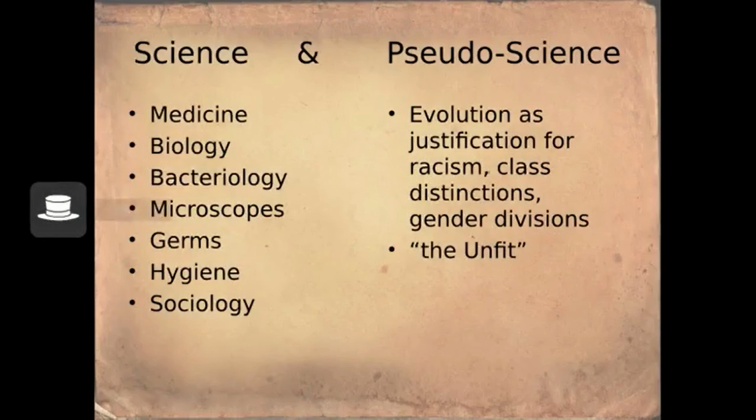But then you have pseudoscience used to justify racism, genderism and misogyny, and they say, oh, we're going to back that up, and then you have the idea of the unfit. This is false science. It's not real. They made it up, made up the data, made up the results, and then said, look, there you go.